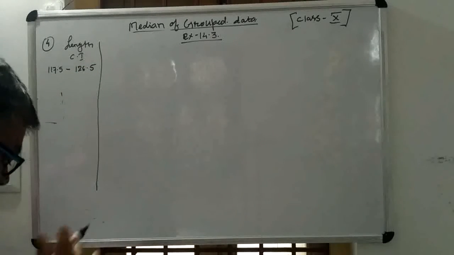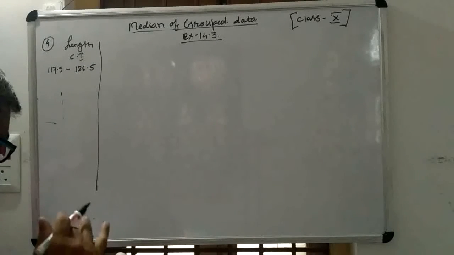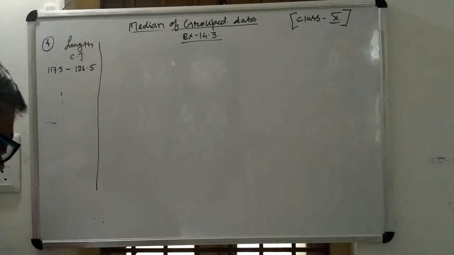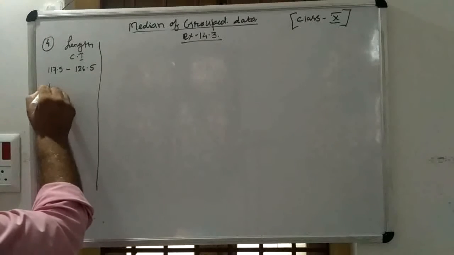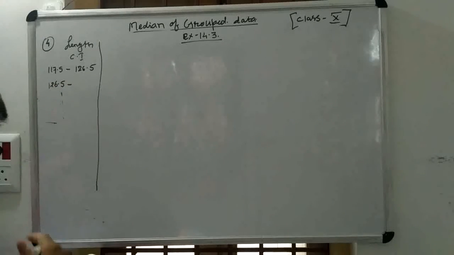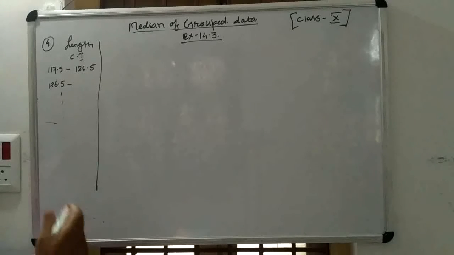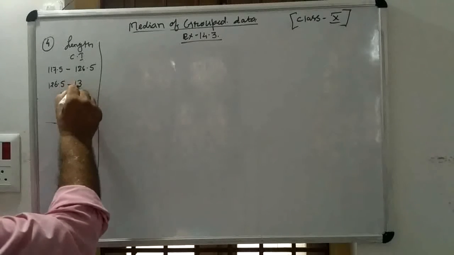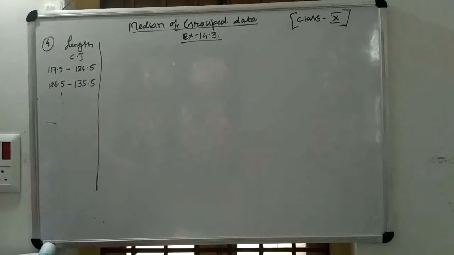In the second class, when you subtract 0.5 from 127, it becomes 126.5, and adding 0.5 to the upper limit, it becomes 135.5.